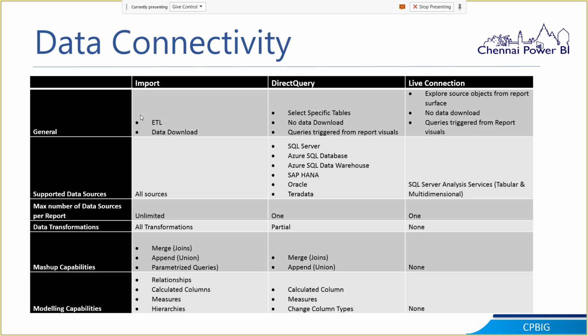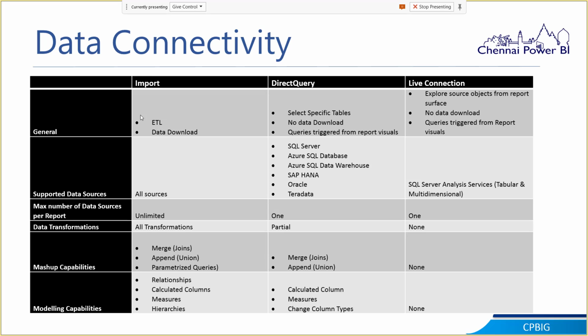And data transformations, as I said, Power Query. Power Query has a lot of transformations. If you are using the import option, you can use all the transformations. Whereas in direct query, it is going to support only partial transformations. Only the transformations and logic supported in SQL Server or any other relational databases can be used for your report.